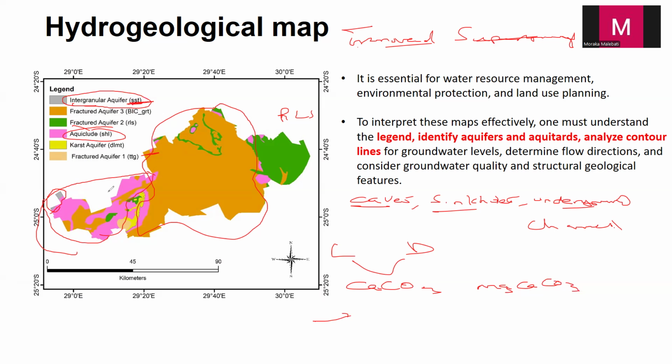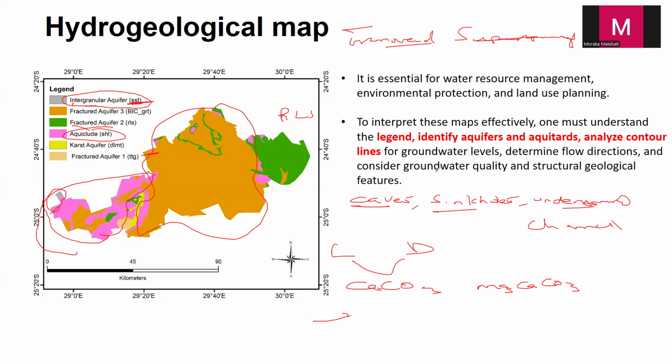If you pour water on sand, you're going to see a high amount of infiltration, because sand has more pore spaces between the grains. So intergranular aquifers have pore spaces between the grains that store and transmit the groundwater.